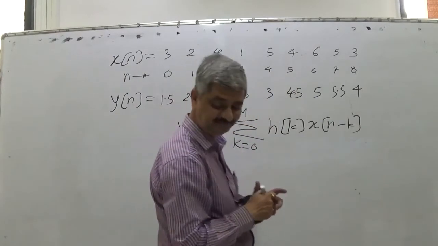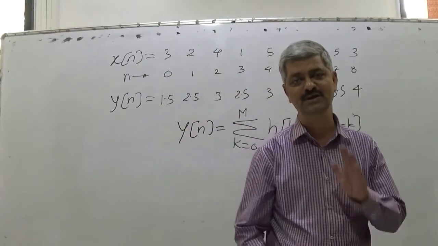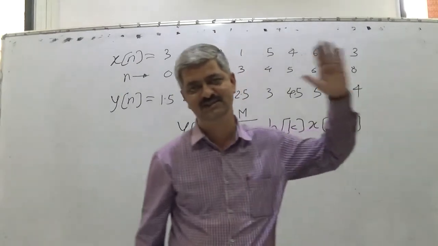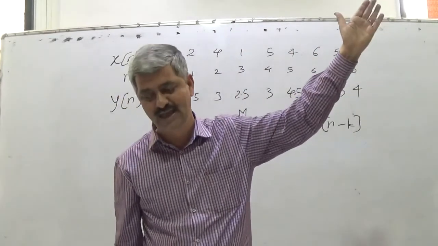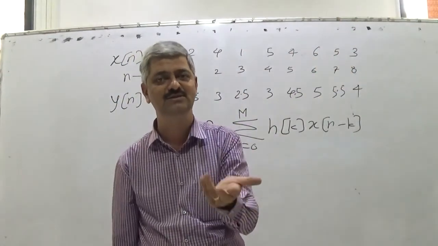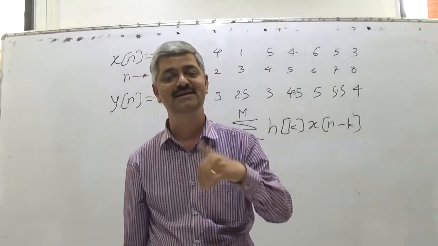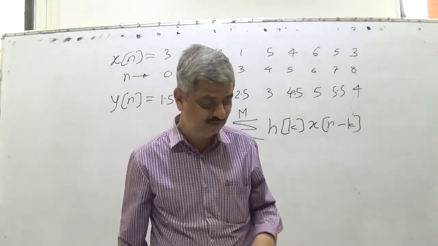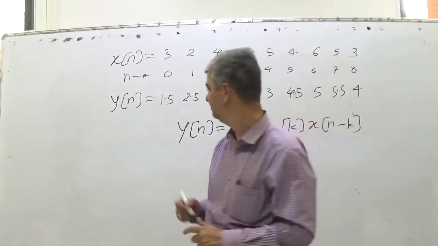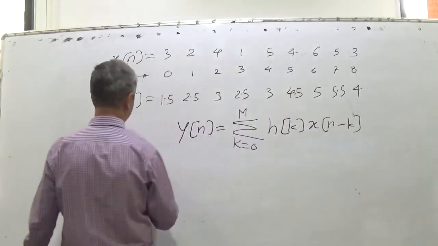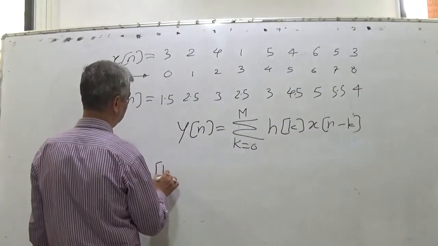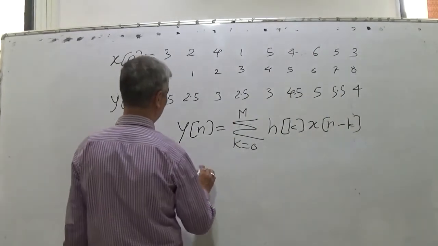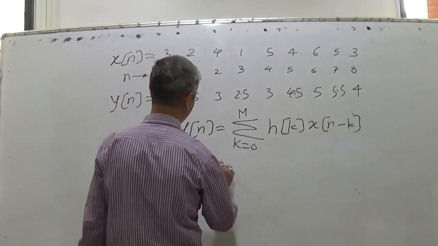Are you getting me? If h0, h1, h2, h3, h4, h5, h6, h7 till h infinity you have to write, you can't do anything else. Therefore, if m is infinite, then hk can be expressed by some formula. And one such formula is hk is equal to half raised to k.